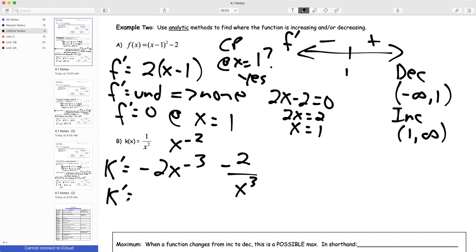So now I want to check for when the derivative is equal to 0. And that is never in this case. Why can it not be equal to 0? Well, I have a fraction here, right? And the only way the fraction could be 0 is if my numerator is 0.